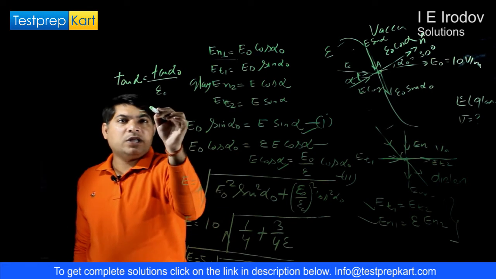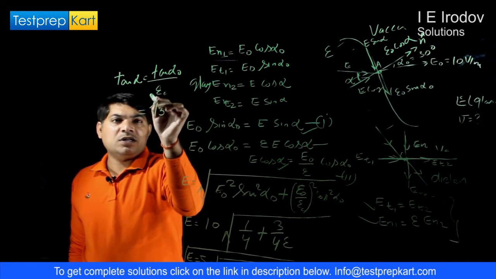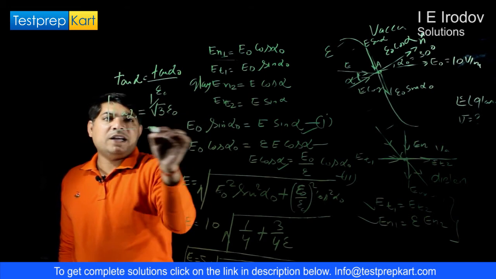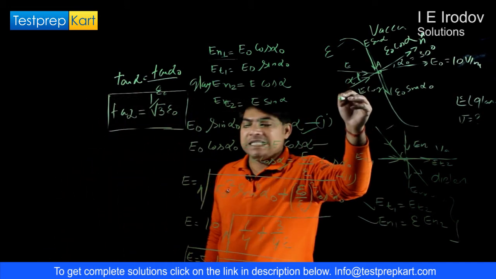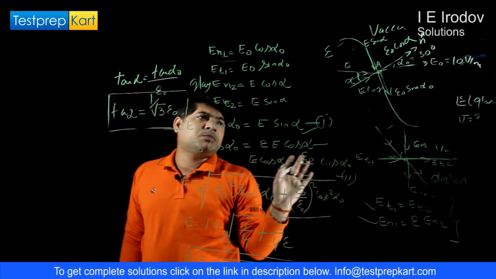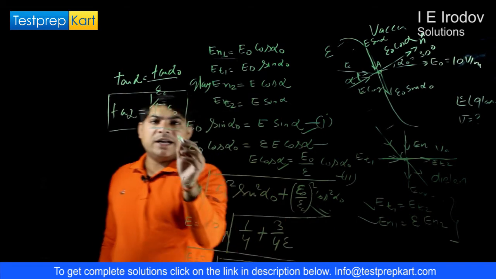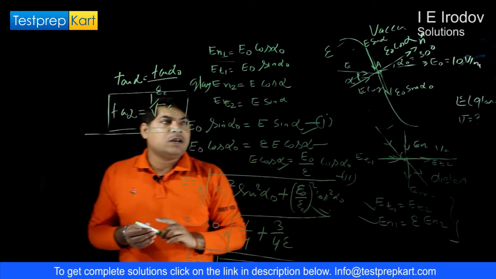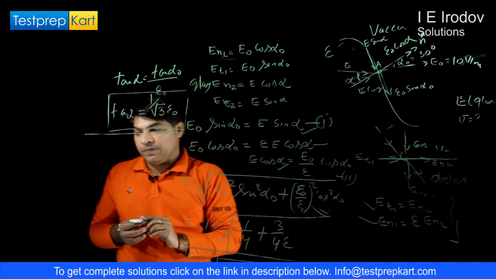Tan 30 is 1 over root 3, so tan alpha is epsilon over root 3, where alpha is the angle subtended by the electric field vector in the second medium. That was the first part of this problem, finding the electric field in the second medium and its angle with the normal. Now the second part is the total bound charge density induced near A.